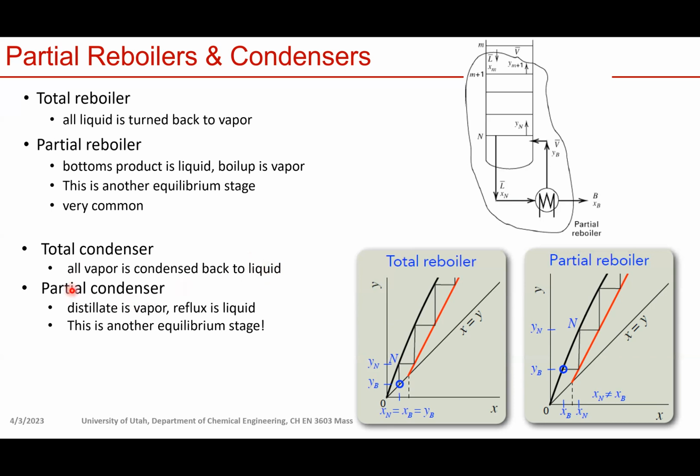For your partial condenser, only a part of the vapor is condensed. The condenser will produce a mixture of liquid and vapor, and the liquid will be returned to the column as reflux, whereas the vapor will be discharged as the distillate, which is a vapor. This is also another equilibrium stage.